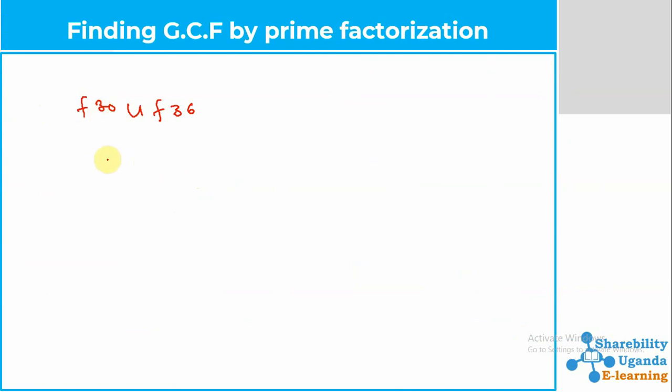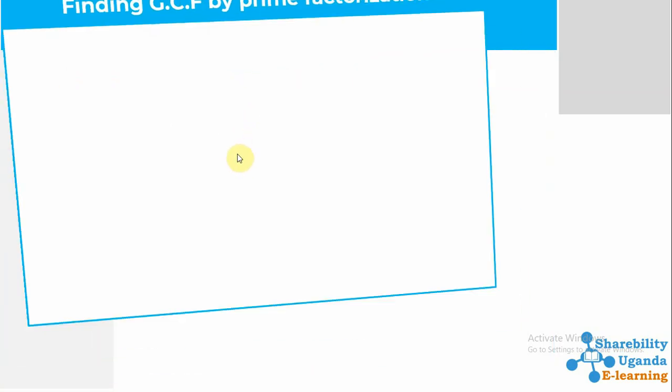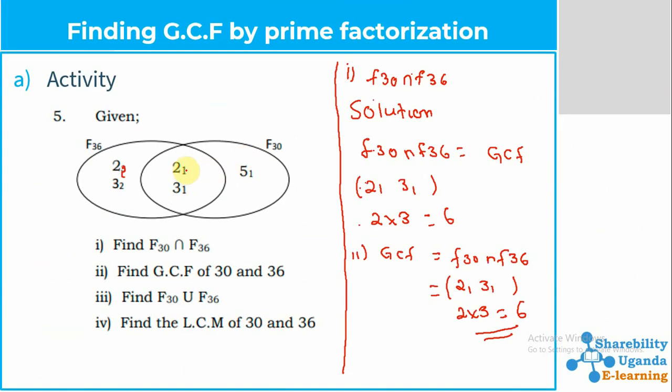We are going to list them here: 2^1, 2^2, then 3^1, 3^2, then 5^1. This is the number we can come up with. Let's first see whether what we have written is true.